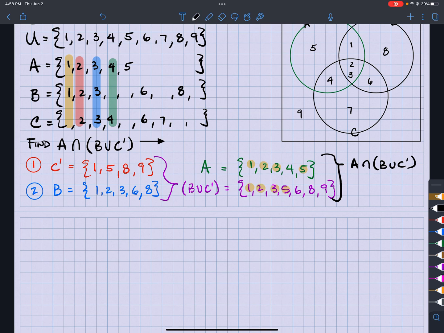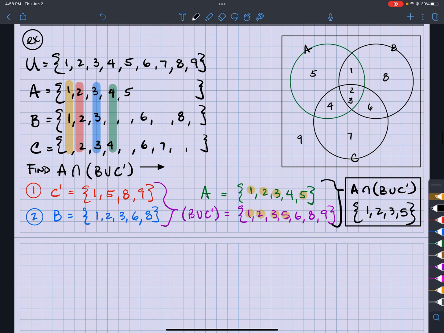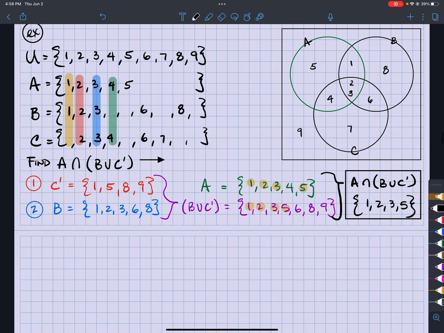So A intersect B union not C will give me 1, 2, 3, and 5. And that would be my answer right there. Voila. All right, on to the next example.